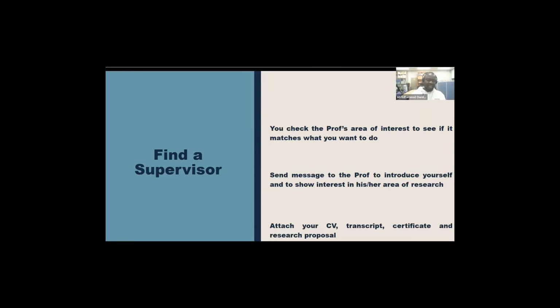Then you're going to send a message to the professor to introduce yourself and to show interest in his or her area of research. The next slide is an example of a message that was sent even this last month to a professor at a university in Australia. And you're going to see how it is written and the response of the supervisor.